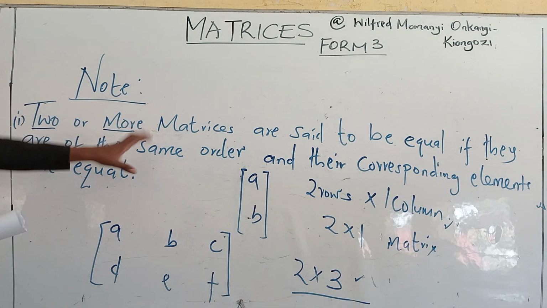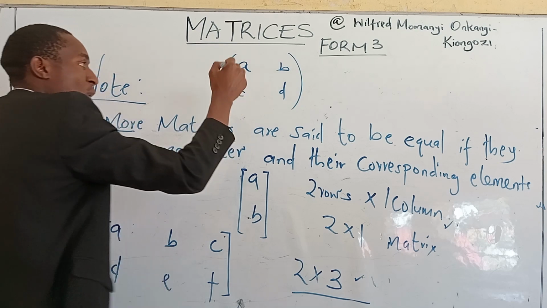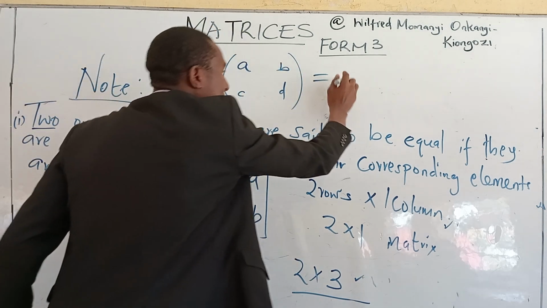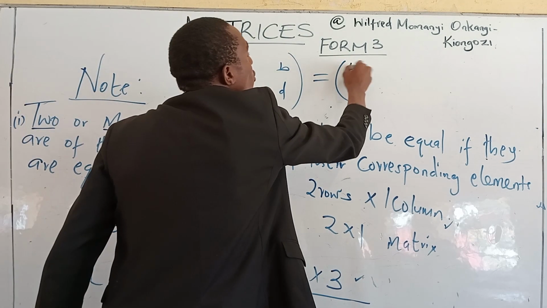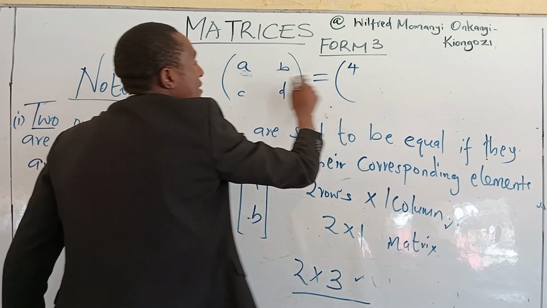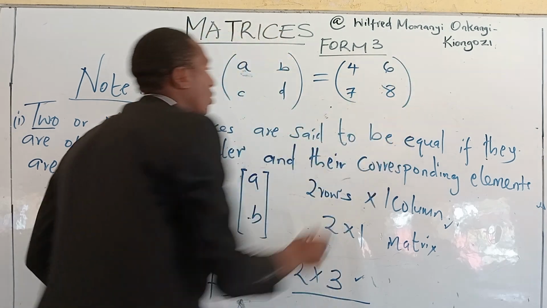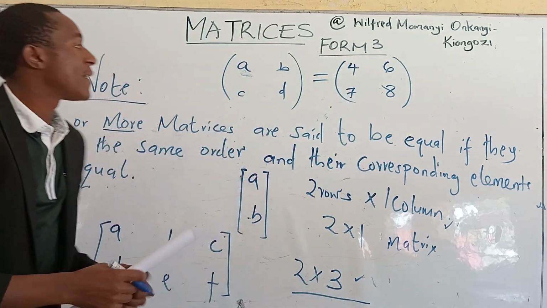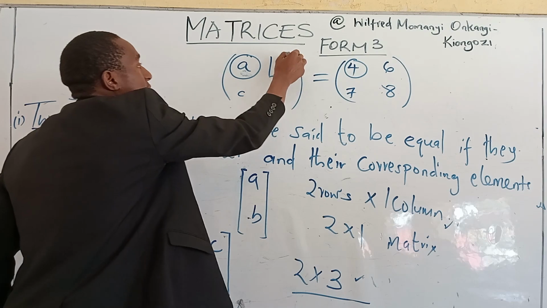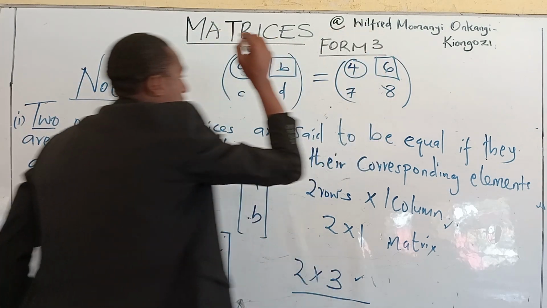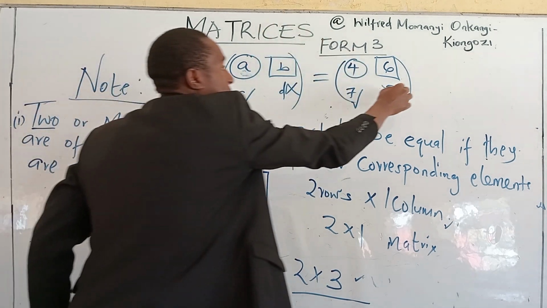So when we go back to our statement here, if our matrix A, B, C, D is a 2 by 2, and it has to be equal to another matrix, then the element in position A shall be equal to the element in the same position of the other matrix. For example, 4, 6, 7, and 8. If these two matrices are equal, then element A is 4, element B is 6, element C is 7, and element D is 8.